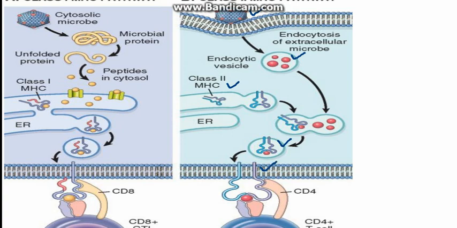The class 2 MHC molecule deals with the CD4 T lymphocyte, because the CD4 T lymphocyte has a receptor which binds to the beta 2 part of class 2 MHC. Likewise, CD4 cells are also known as class 2 restricted T lymphocytes.